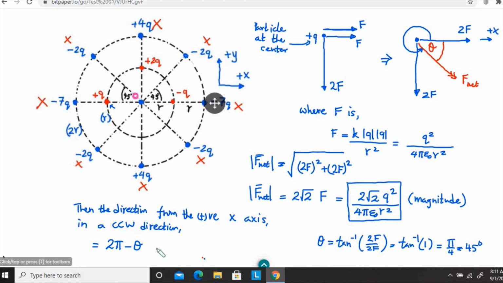So then you can write it as 2 pi minus pi over 4, or in other words, 360 degrees minus 45, so that would mean 315 degrees. So that's how you do this problem.